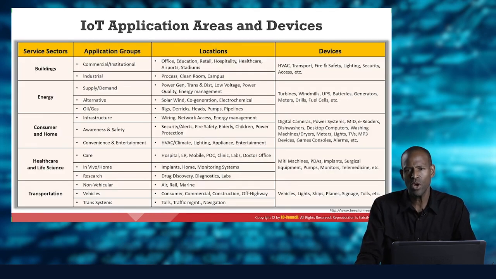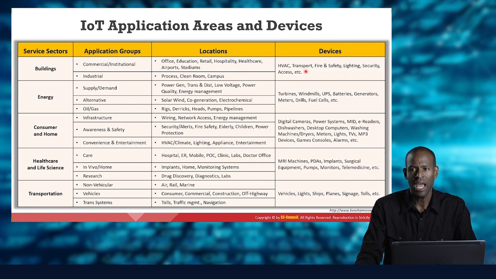So this goes a little bit deeper into application areas and devices. So for instance, in buildings, we have commercial, institutional, and industrial. So for commercial, institutional, we have offices, hospitality, healthcare, airports, and in industrial, we have processes, clean rooms, and campus. We have all kinds of devices that you will find in that setting.